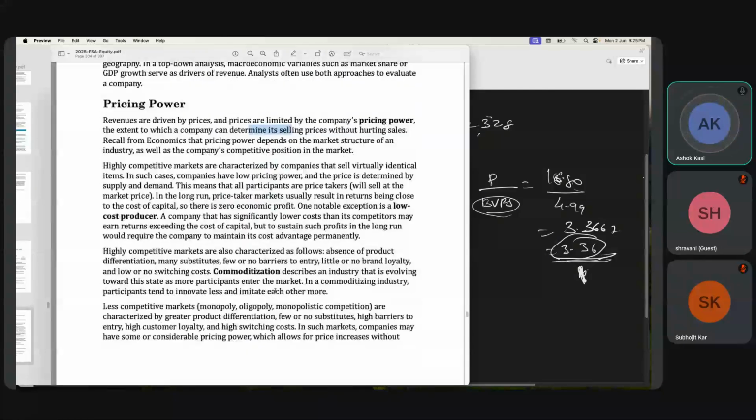For example, imagine the product that the company is selling, people do not have any choice, they have to use it, say for example, internet. Then the pricing power is very good for the company. Now imagine another case. If DMart is increasing the price, you will immediately go to another shop. Then the pricing power is very low.